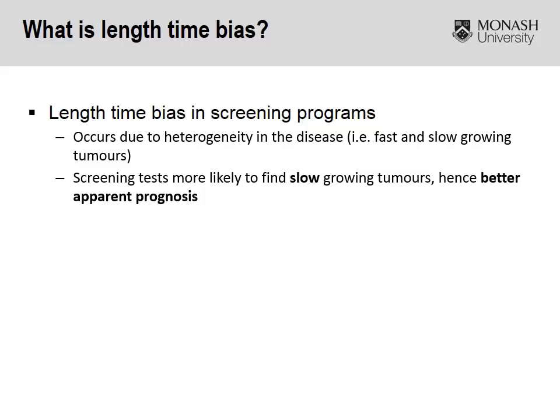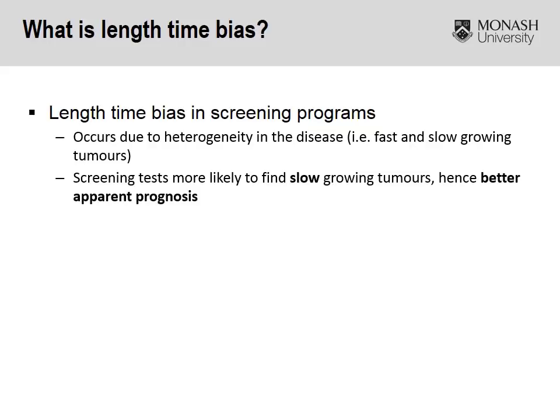If you think about the previous example of screening for cervical cancer every 5 years, if you've got a very slow growing tumour, that 5-year interval is going to be sufficient.